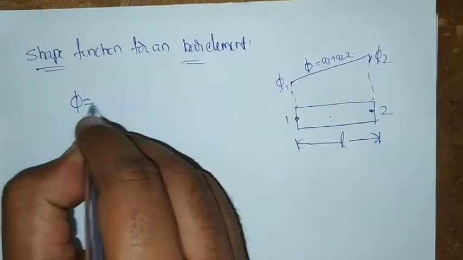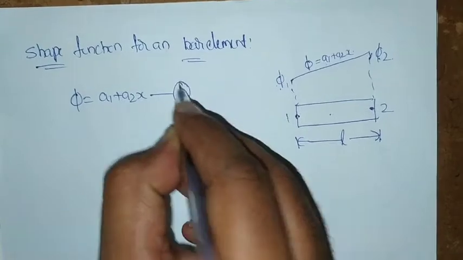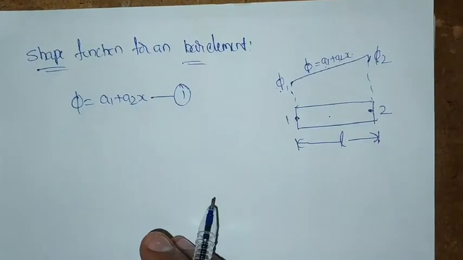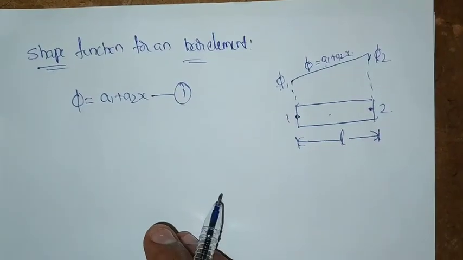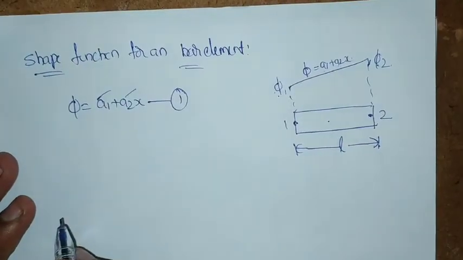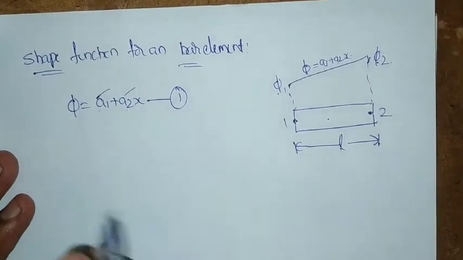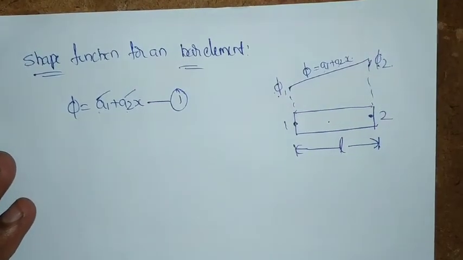So we consider a bar element of length L, with field variables phi 1 and phi 2 acting at the nodes n1 and n2 respectively. Because it is a one dimensional element, the polynomial is phi is equal to a1 plus a2 x, where a1 and a2 are known as polynomial coefficients.